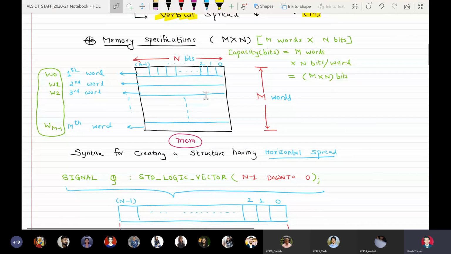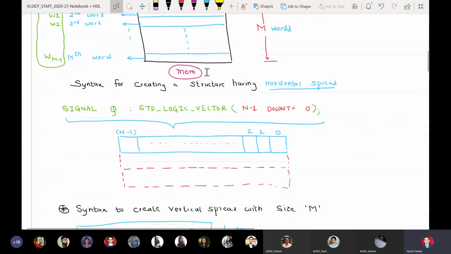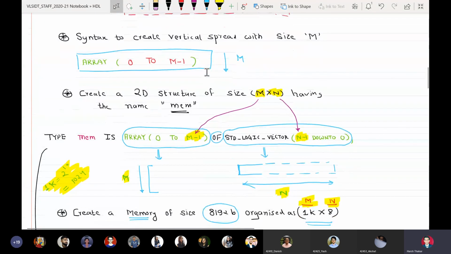There are m words, that is first to mth word, or in case of subscripts, 0th word to (m minus 1)th word, and n bits are nothing but the word size. So the syntax which we discussed was: type the name of the 2D structure is array 0 to m minus 1 of std_logic_vector n minus 1 down to 0.